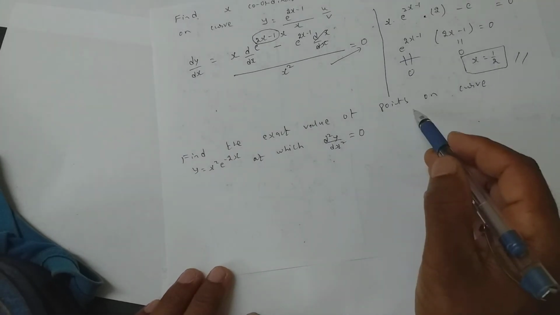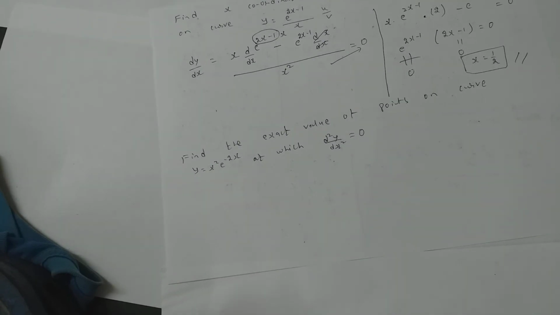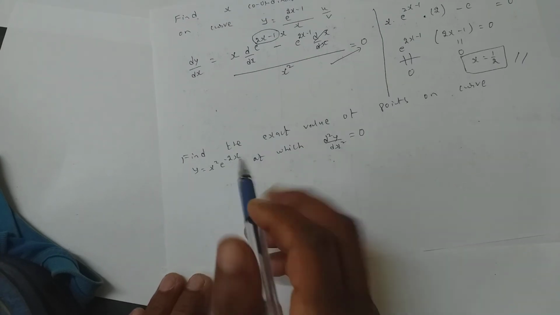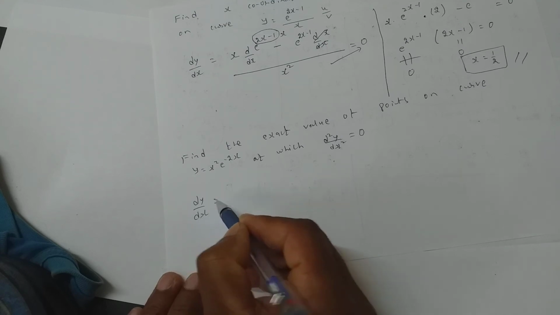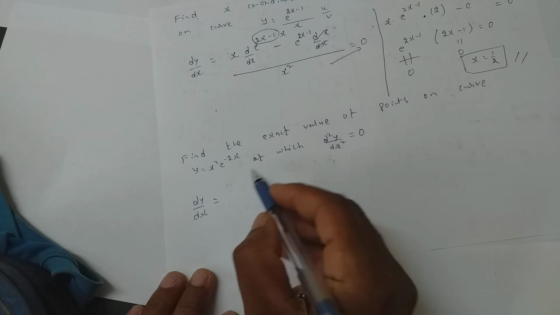Find the exact value of points on the curve at which d square y by dx square equal to 0. So to find d square y by dx square, I need to differentiate it twice. So if I differentiate once, again the catch is the uv rule. Differentiate one at a time.